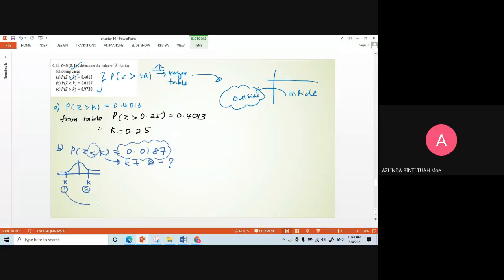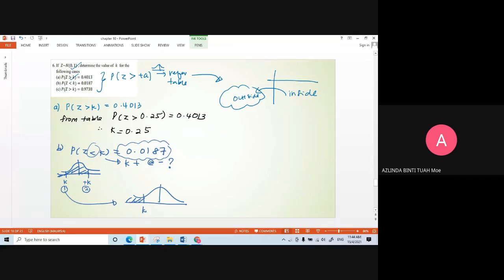Sebab kalau first choice, area dia berbentuk begini, which is area dia kecil lah. Kalau dia second choice, area dia besar, sebab half dia dah 0.5, is more than half, 0.6 or 0.7 kalau K tu positif. Jadi kalau nak dapatkan area yang kecil, kurang daripada 0.5, dia perlu menjadi negatif.